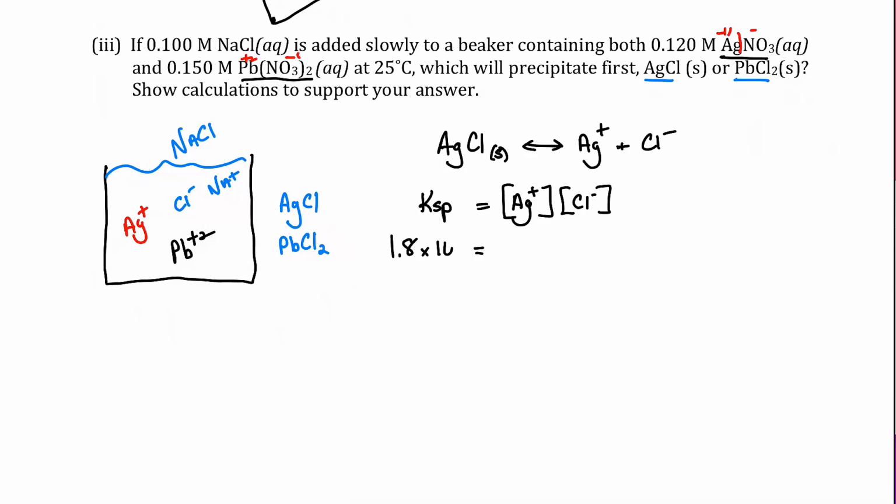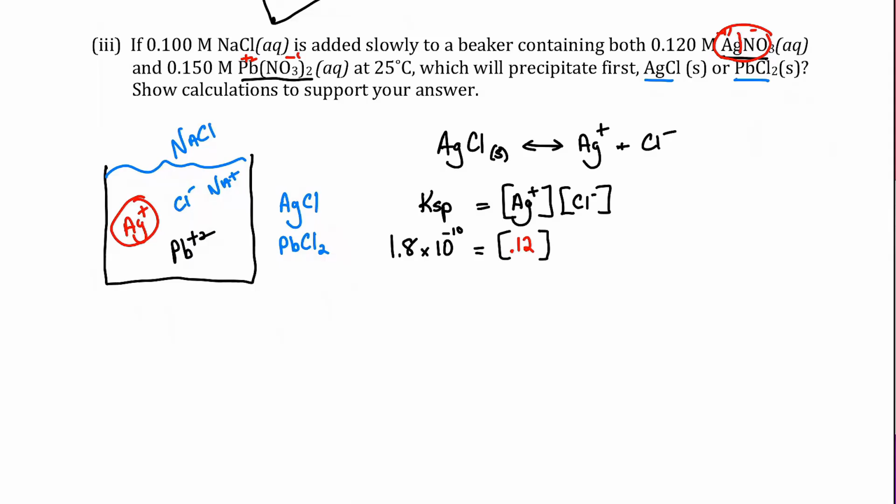And they gave us the concentration of the silver ion to be 0.12. And you say, wait a minute, they gave it to me for the silver nitrate, but that's the same for silver ion because it's completely soluble and there's 1 silver per formula. Okay, so we've got this.